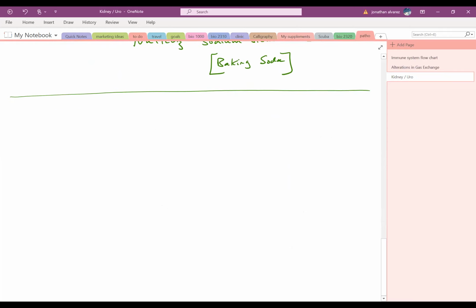All right, next one is metabolic alkalosis. Okay, so this one is too much bicarbonates. Okay, too many bicarbonates and not enough acids.